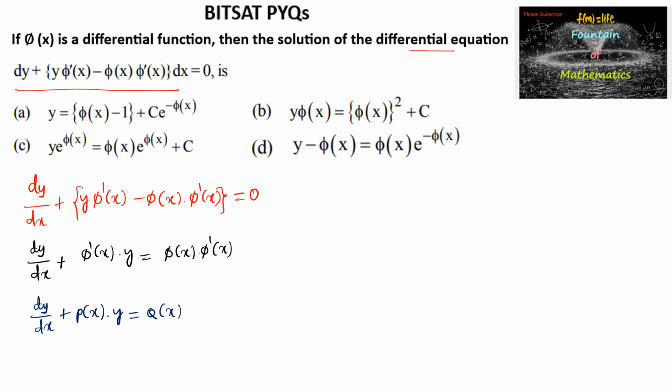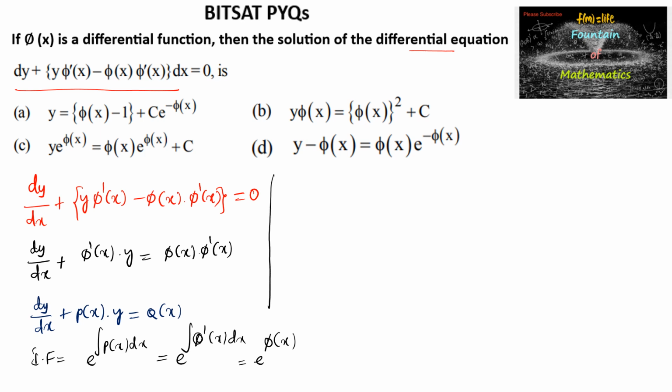So the integrating factor is equal to e to the power integral p of x dx, and here p of x is pi dash of x, which is equal to e to the power integral of pi dash of x dx. The integral of a differentiable function's derivative will be pi of x, so e to the power pi of x.